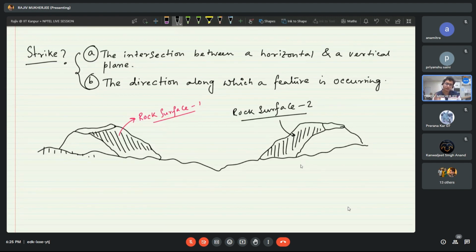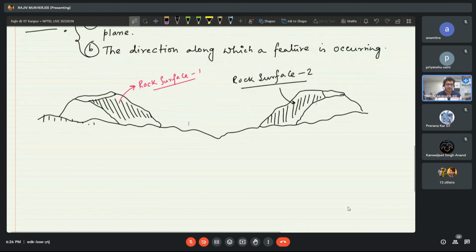So they are interested to know the orientation of this plane, but how can the orientation of a plane be measured, right? So to figure that out, they created a reference frame, right?